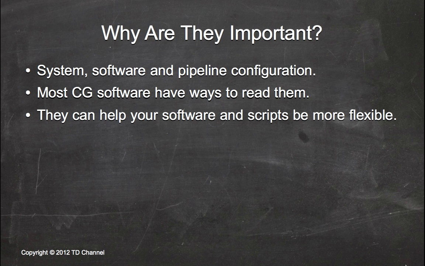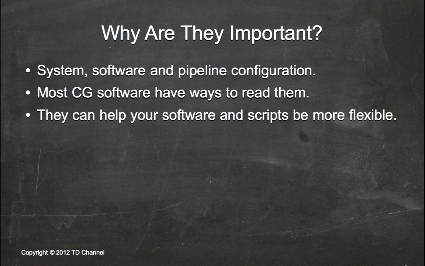So why are they important? Well, you can use environment variables to configure system, software, and pipeline. You guys are going to see some examples of how that would work, but they're extremely useful for that purpose.